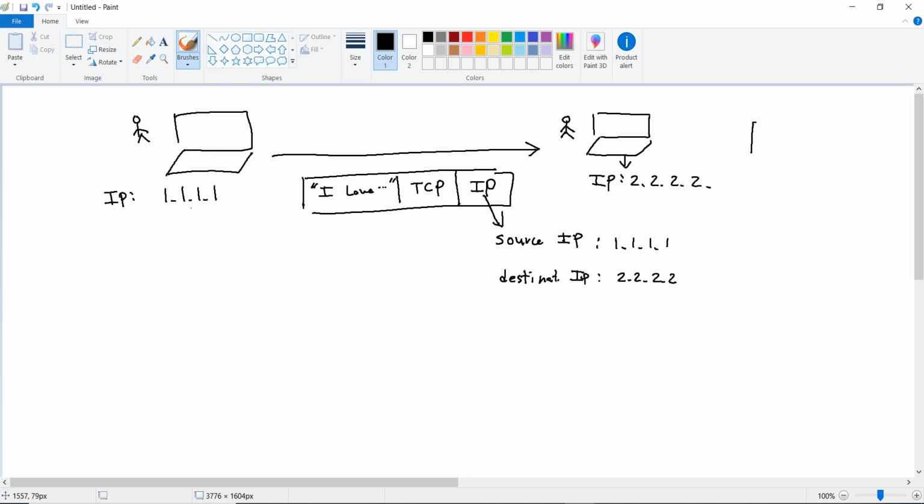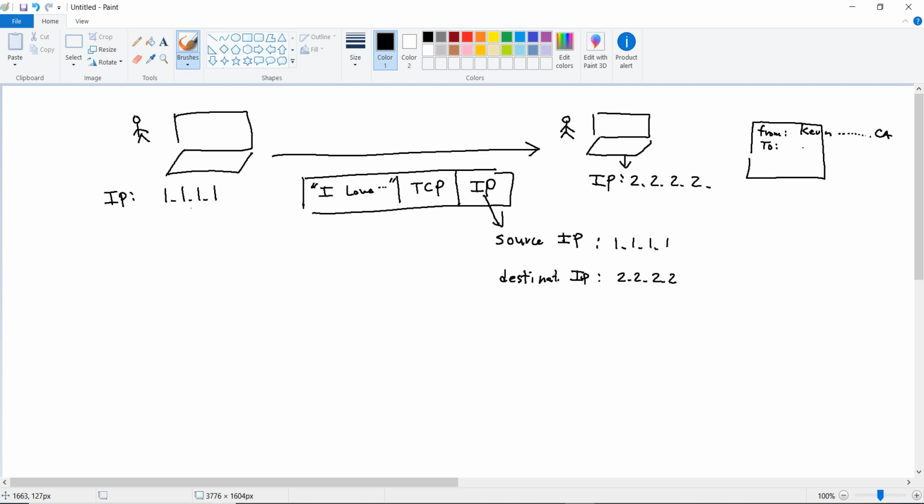On the envelope you have a from and a to. From is you, Kevin, with an address in California.